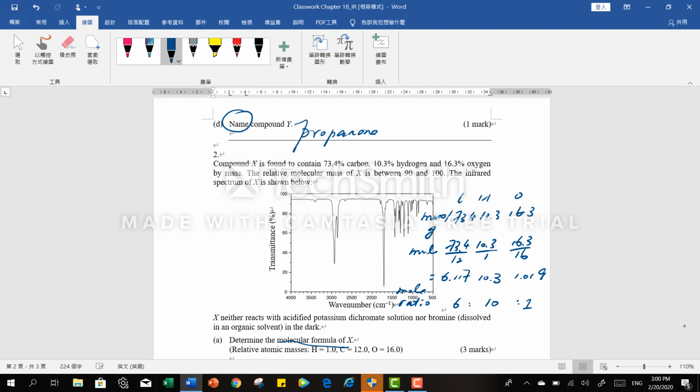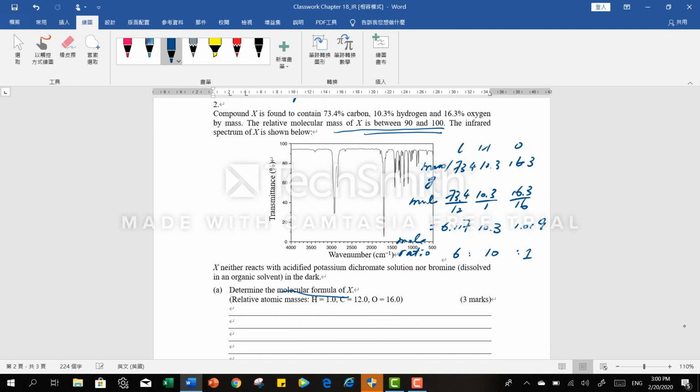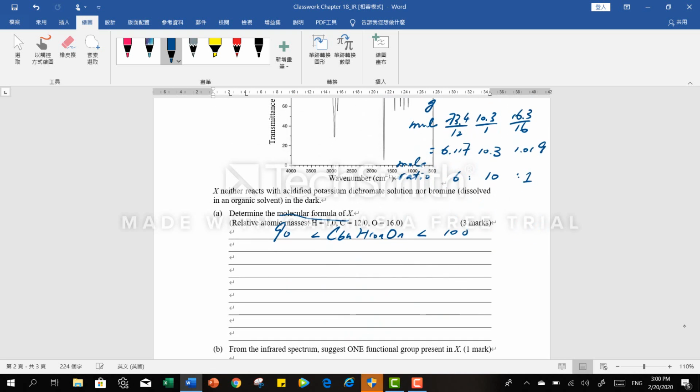It will be C6HxO1, okay? Since its relative molecular mass is between 90 and 100, you can let it be C6HxO, right? Then you just sum them up: 6 times 12, plus x times 1, plus 16. So it will be 98.